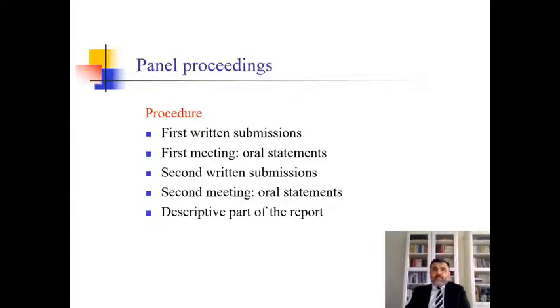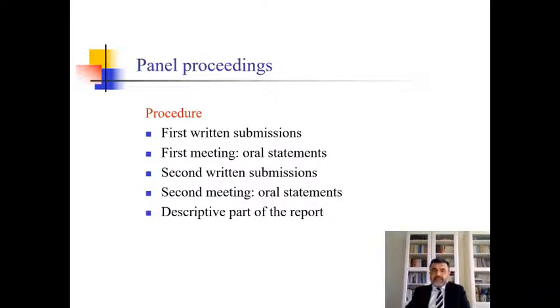Now, after the first meeting, the complainant and the respondent will submit their second written submissions, their rebuttals, to the panel. The panel is going to take them into account and will organize its second meeting with the parties, only with the parties. At the second meeting, it's very similar to the first meeting.